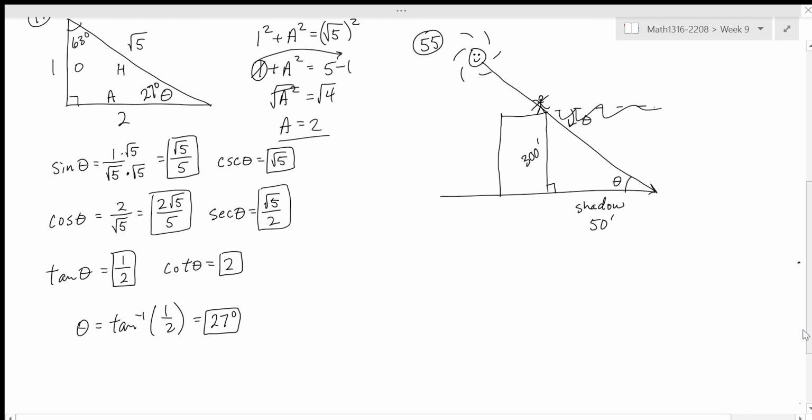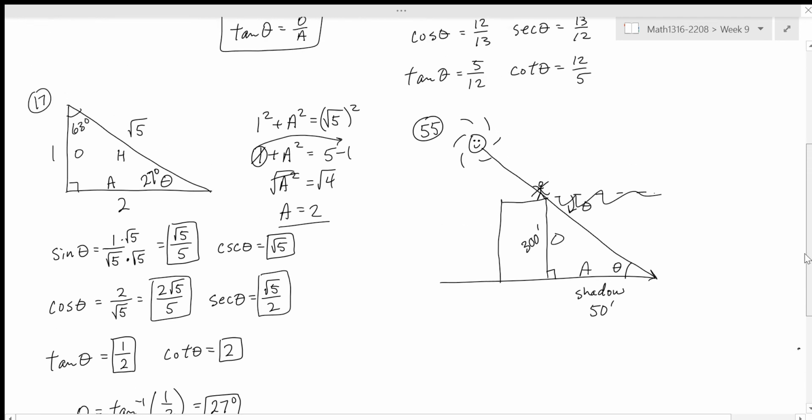If this is theta, then this must be opposite. I've also got the length along the bottom. What is that side? Adjacent. And do you notice that the hypotenuse is not given? And therefore we're not going to use it.